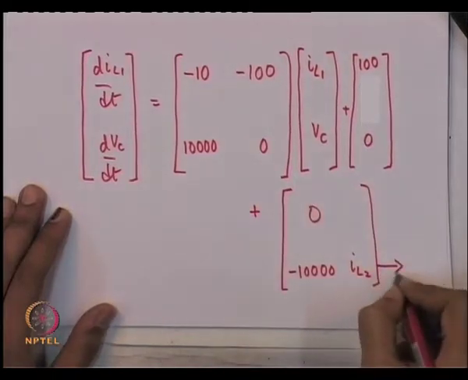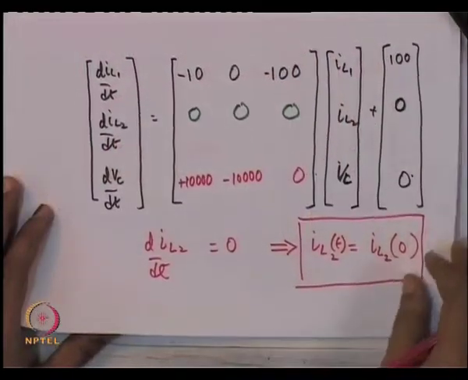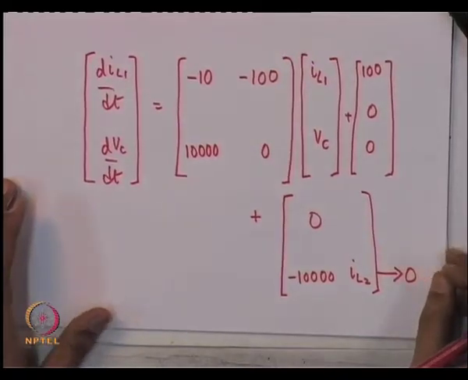This is of course 0 because I have assumed that IL2 does not change in the short period which we have. So, this is the kind of a converse kind of approximation which we can make.